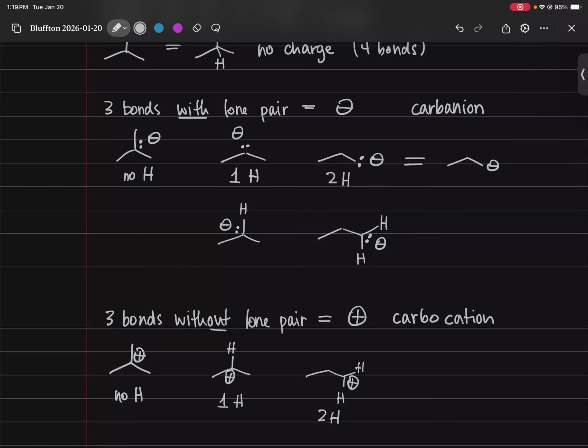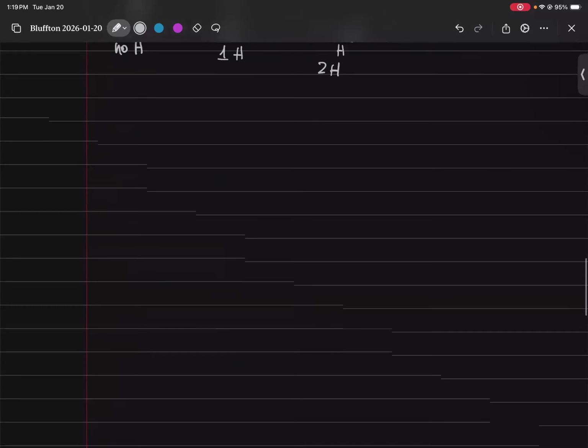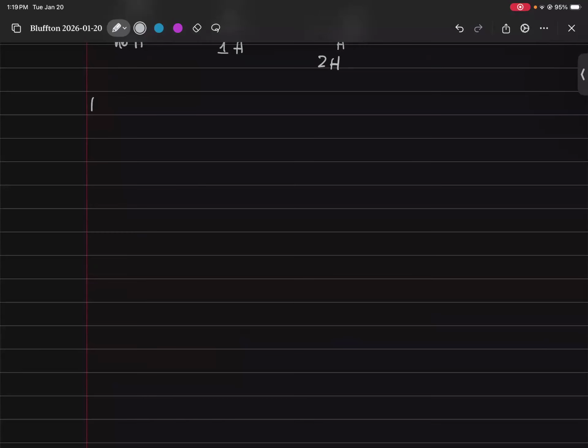So that's for carbon. Let's talk about lone pairs on heteroatoms. And heteroatoms are everything except what? Carbon and hydrogen. So lone pairs on heteroatoms are optional.